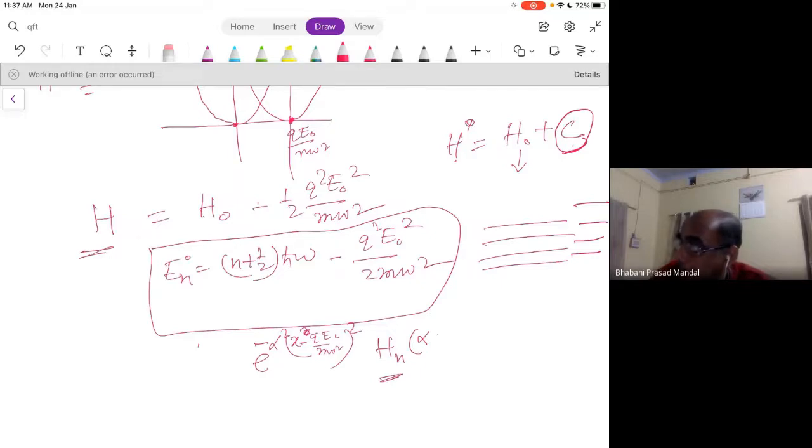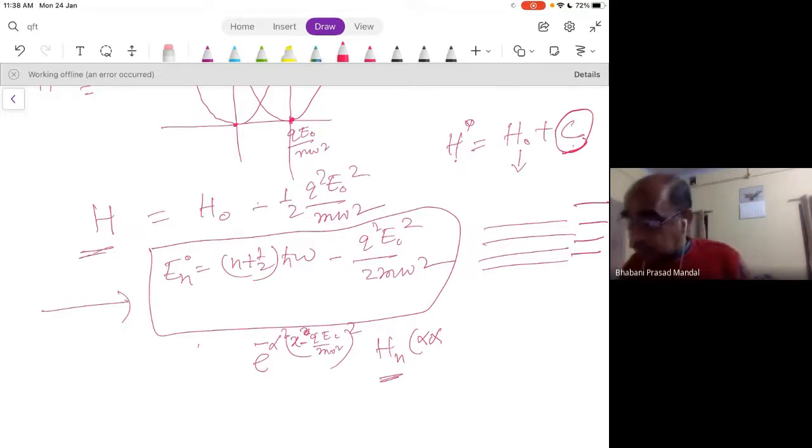This x is x minus q E0 by m omega square. So this problem can be solved exactly, and we have found the energy eigenvalues. Eigenfunction, don't bother, we will not verify the eigenfunction. Those who are interested can verify.